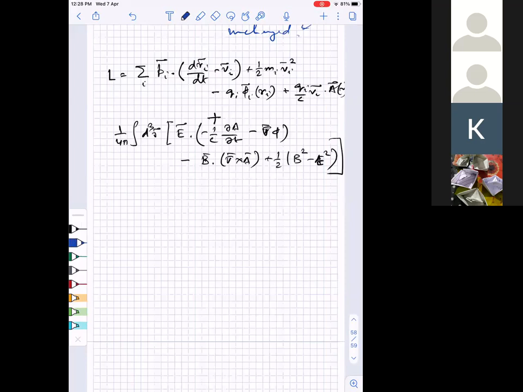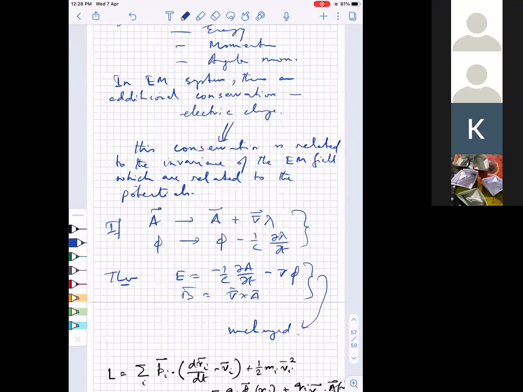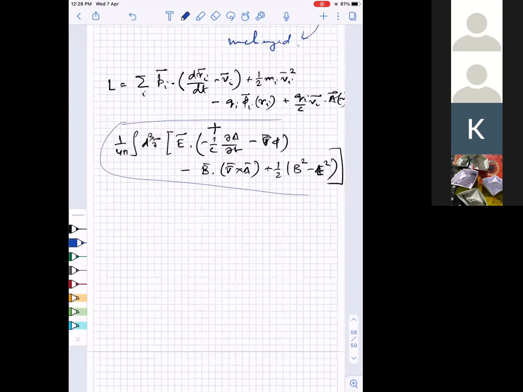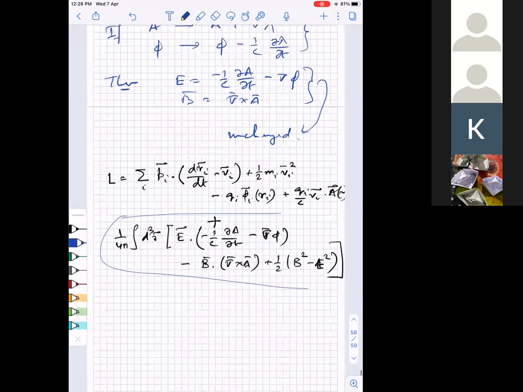Now over here, one can show trivially that if I do that transformation, this gauge transformation that we call, if I change my A and phi, then that field part of the Lagrangian remains unchanged. The question is, what happens to the particle part? Now, when we go to the particle part, we have to be a little bit careful. Remember, we will change A to A plus grad of lambda.